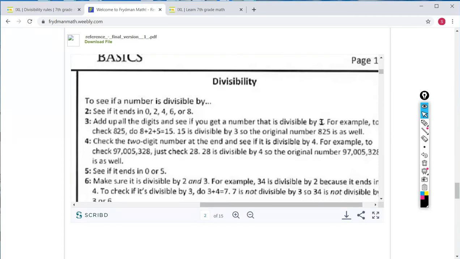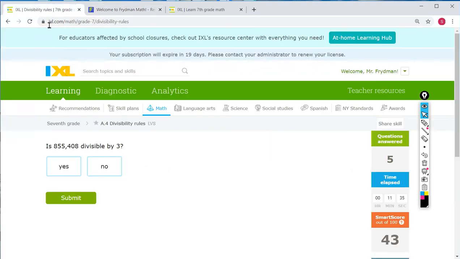Again, I'm not going to explain in this video why the rule is the way it is. I'm just going to show you the rule and some examples about using the rule. So let's apply the rule to this number over here. We are going to add the digits together, 8 plus 5 plus 5 plus 4 plus 0 plus 8.